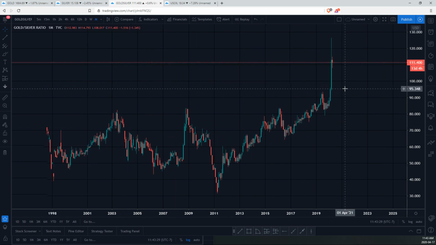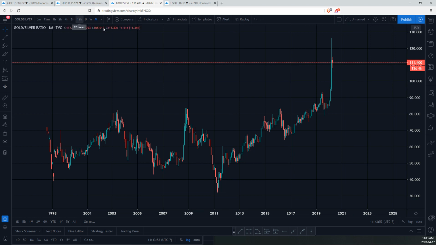What this chart represents is, for 1 ounce of gold, how many ounces of silver can you get? And this chart shows that right now you can get just under 111 ounces of silver with 1 ounce of gold, which, just looking at historical averages, makes silver extremely undervalued.